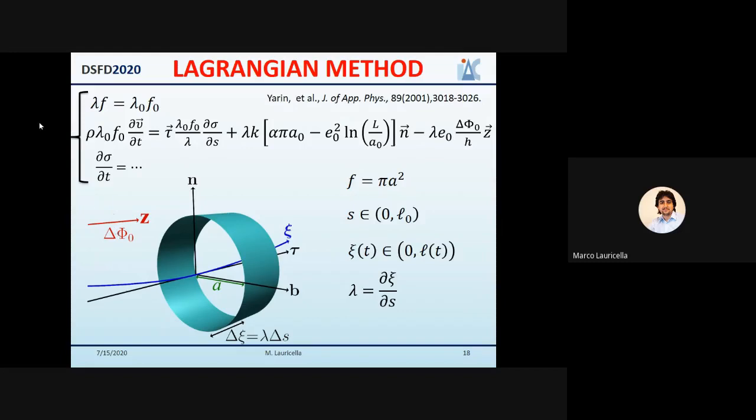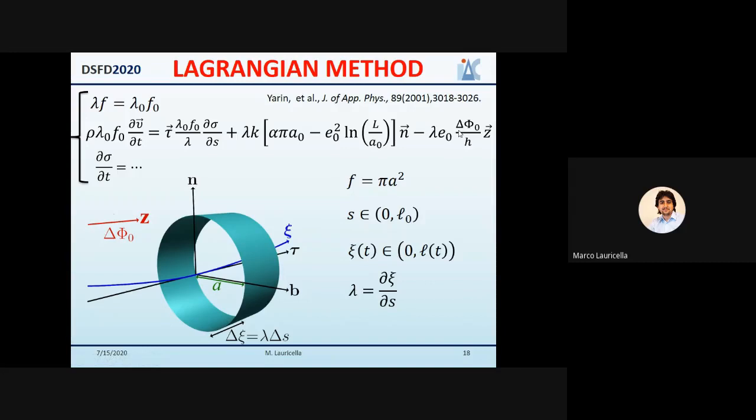And here I just want to focus your attention on these few terms. For instance, we see the derivative of the longitudinal stress along the curvilinear variable S, another term which depends on the surface tension. There is this term which models the repulsive electric force, where E is the linear charge density, and the final term is the electric force due to the external electric field.